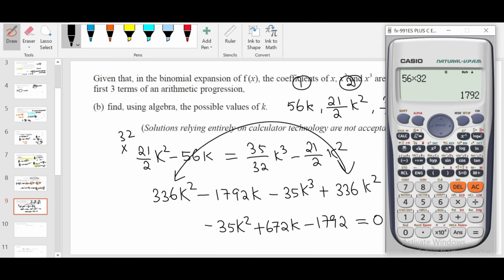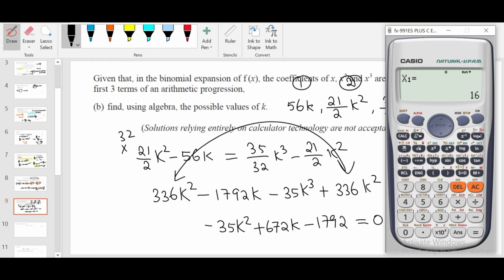I'm going to solve it using my calculator. Go to mode, number 5 equation, number 3 quadratic, minus 35, 672, minus 1792.